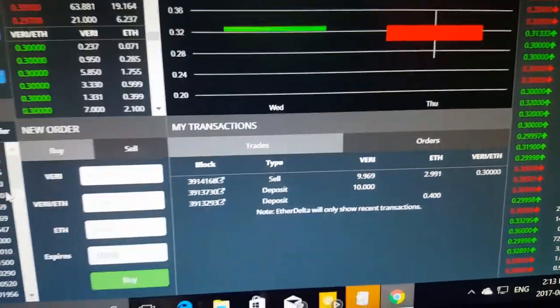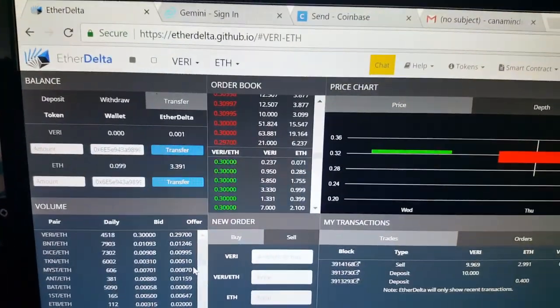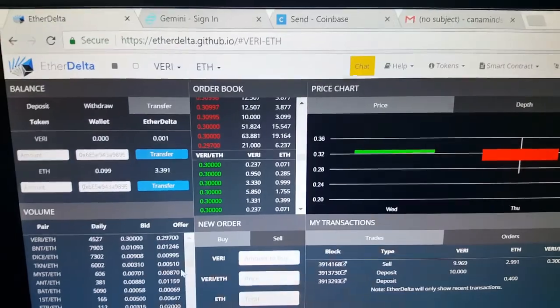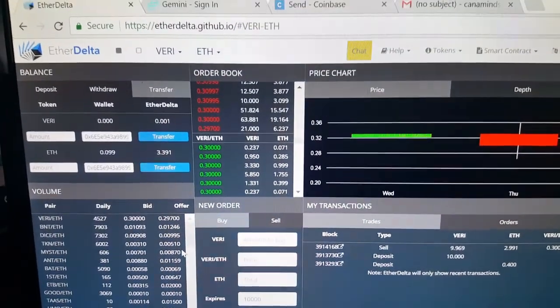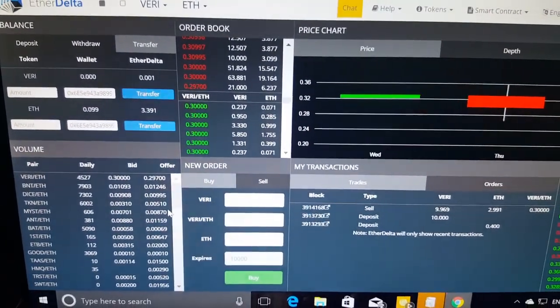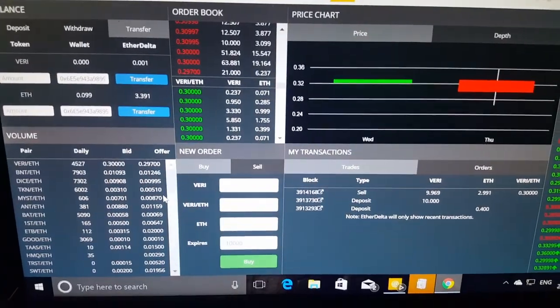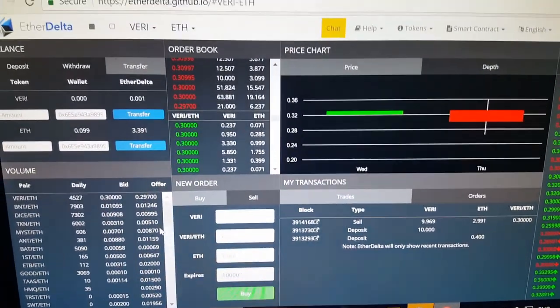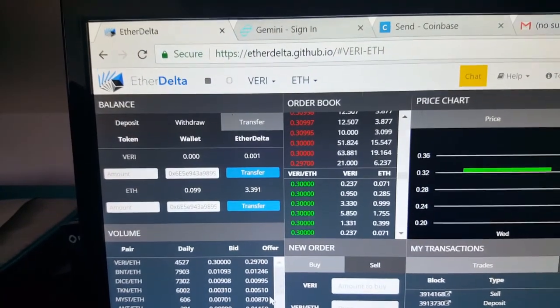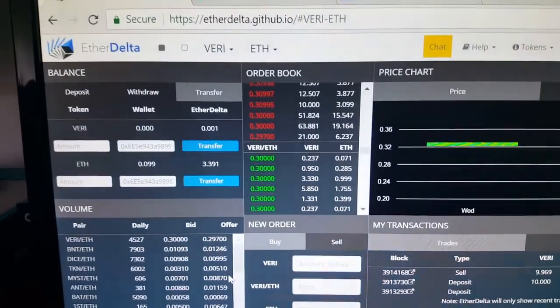Thanks, Cliff. Thanks, JSnip. Actually, huge shout out to JSnip4, because this guy has been posting stuff left, right, and center to make it easier for simpletons like myself to take advantage of stuff like this. Now, when you get on this Ether Delta GitHub, it'll generate a wallet for you.